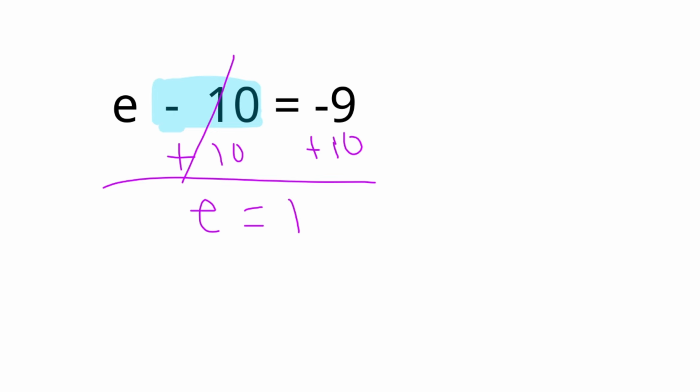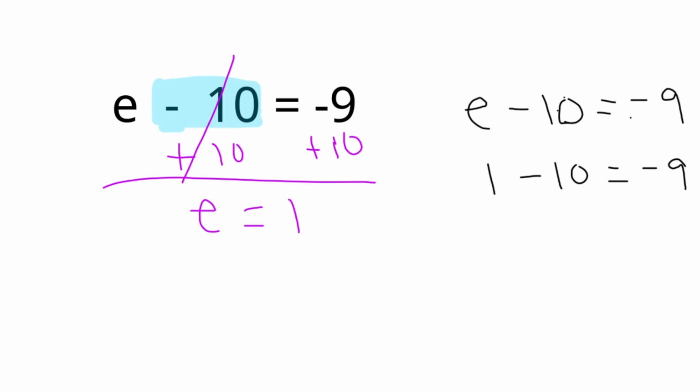Your first step is to rewrite your original equation. E take away 10 equals -9. Then the next step is to plug in what is E. E is 1. 1 take away 10 equals -9.